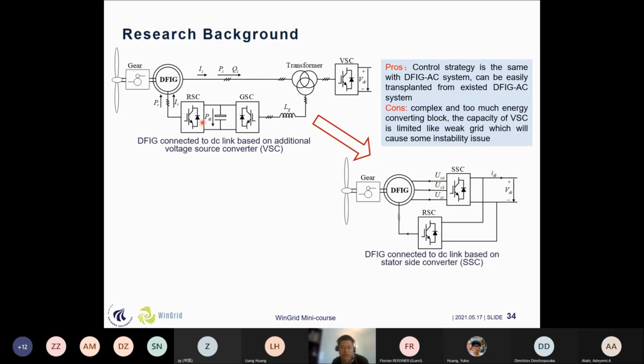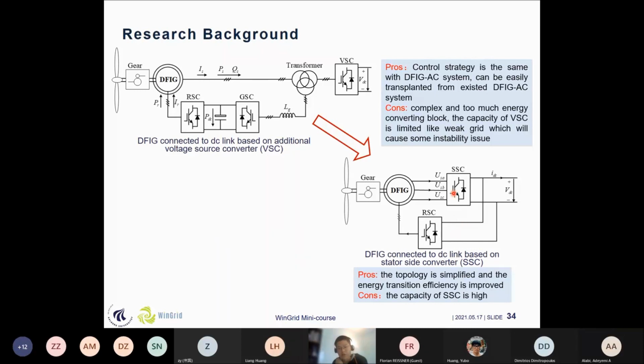And this is still the voltage source converter. For this topology, the advantage is that it is simplified compared with the previous structure, and the energy transition efficiency is also improved since we don't have one more voltage source converter and one more transformer here.